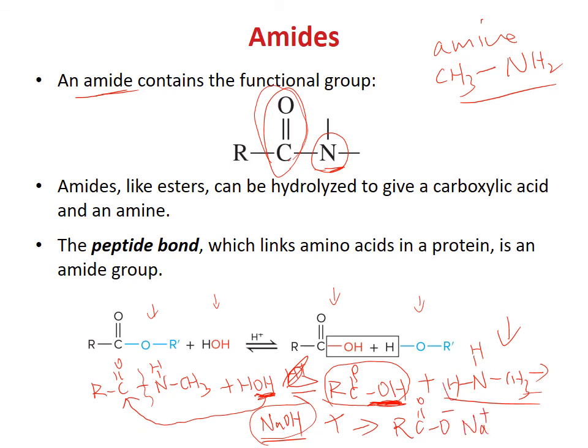And then you have the amine here. So amide hydrolysis is usually done in basic condition, giving you amine with sodium carboxylate. The peptide bond which links amino acids in a protein is an amide group.